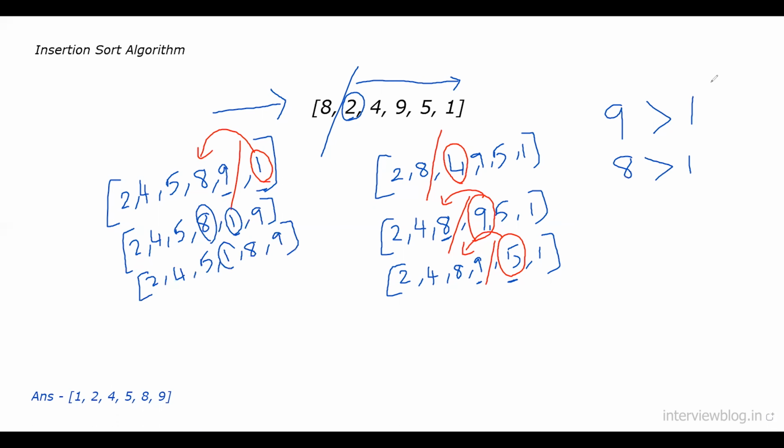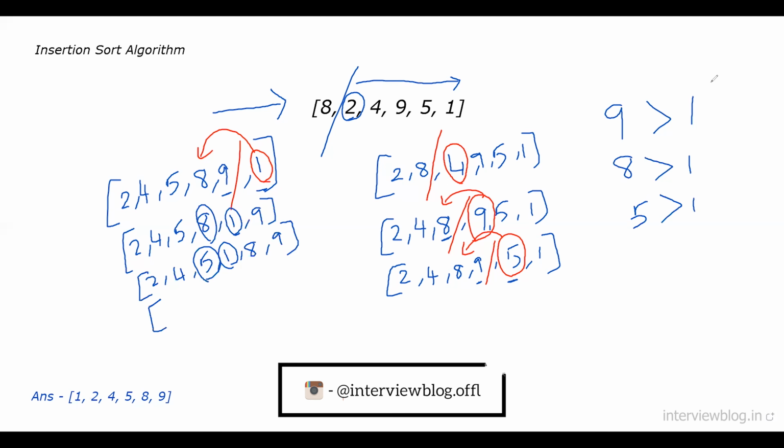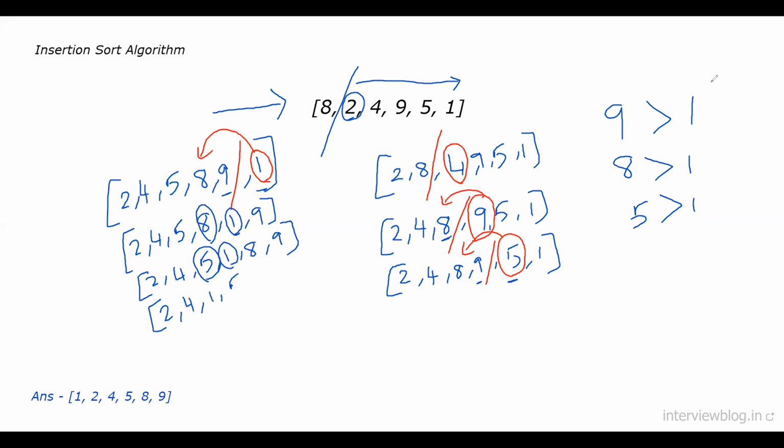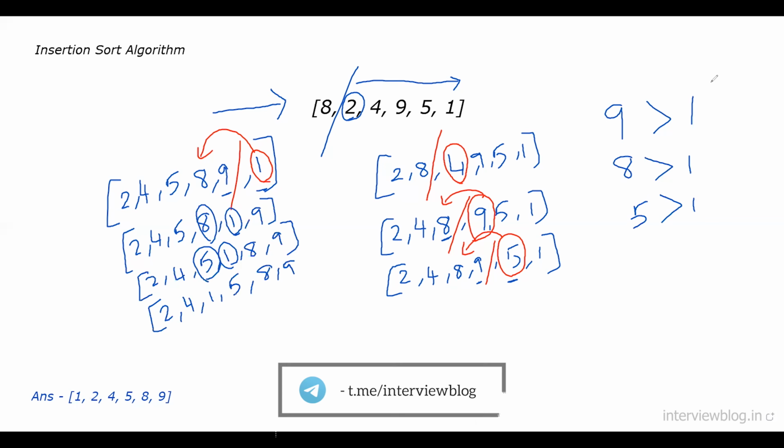Now we need to check 1 and 5. We can find that 5 is greater than 1. Hence we need to perform a swap and after swapping our tentatively sorted list becomes 2, 4, 1, 5, 8 and 9. So now we'll be comparing 1 and 4.